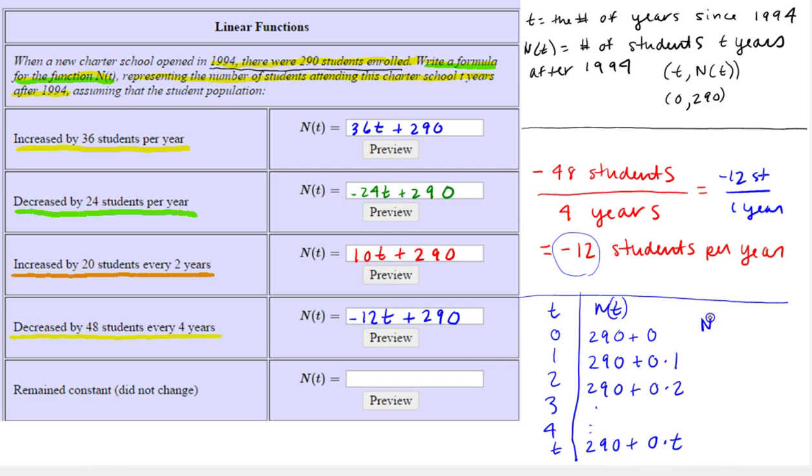So we could represent this constant function as n of t equals 290. So it did not change. Notice it really has a slope of 0, like we saw with horizontal lines. So here's the 0 times the t. So no matter what the t is, it doesn't affect the output. So that's why the t part isn't shown when we write our formula.